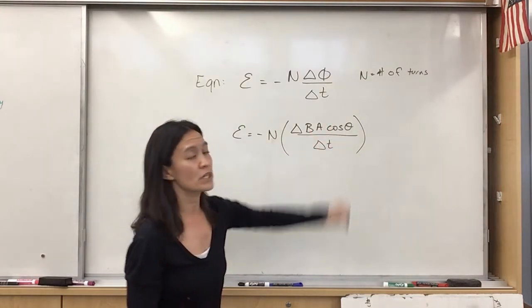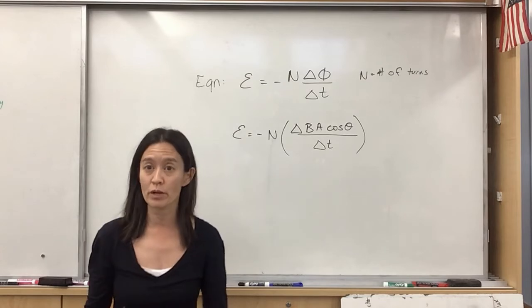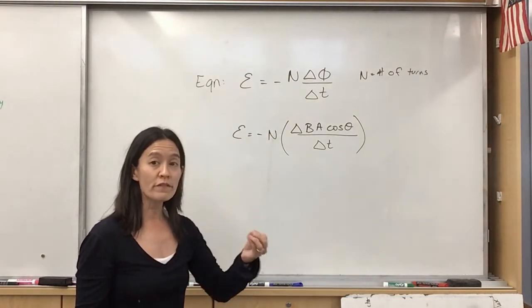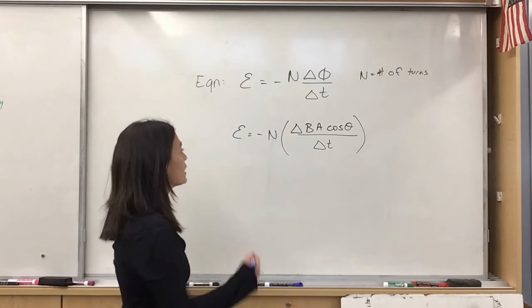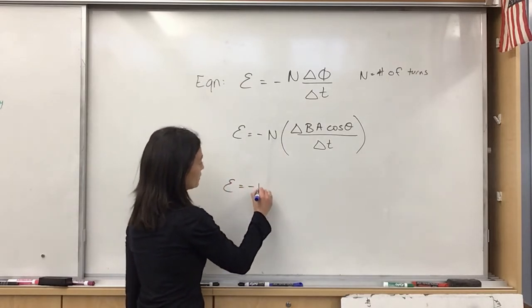There are 3 terms in here. So technically, if you're taking the derivative of a product, you'd have to apply the product rule. The product rule means you take the derivative of one variable multiplied by the constants of the others. So this can expand out into a larger equation.